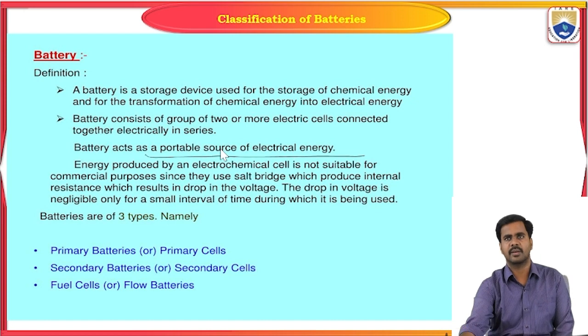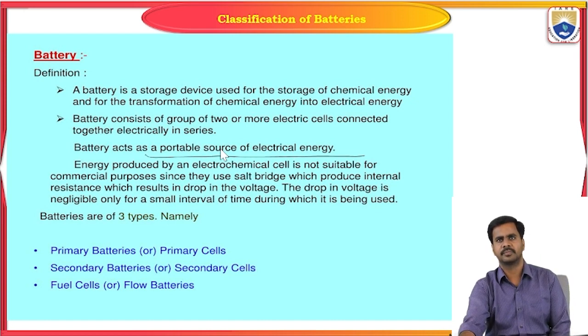Energy produced by a single electrochemical cell is not suitable for commercial purposes since they use salt which produces internal resistance, which results in a drop in the voltage. The drop in voltage is negligible only for a small interval of time during which it is being used.